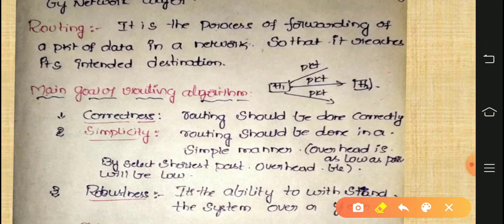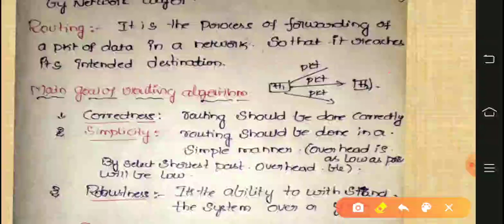Overhead means the header that is present before the payload. The header has to maintain the source machine and destination machine IP addresses. So if the routing is more complex, the packet has to be forwarded through more routers to reach its destination.